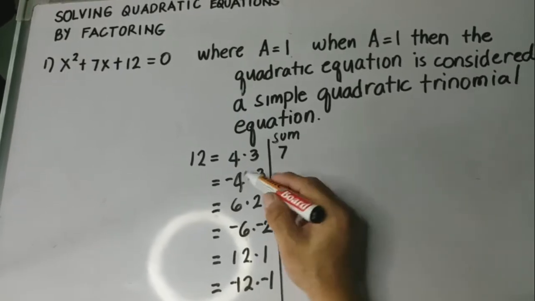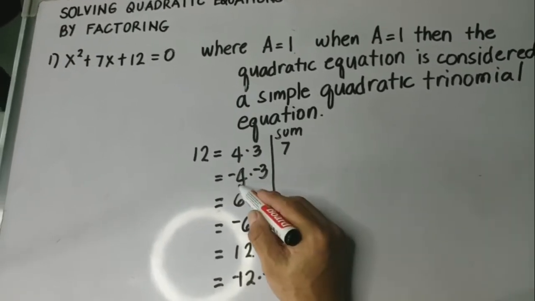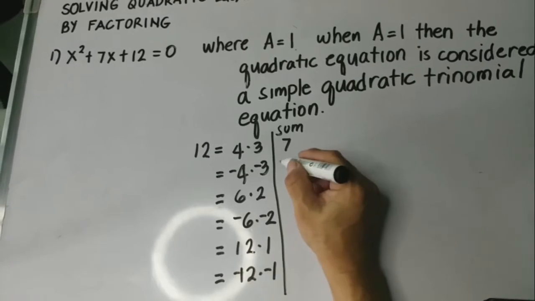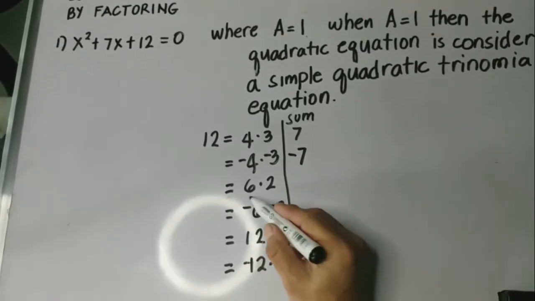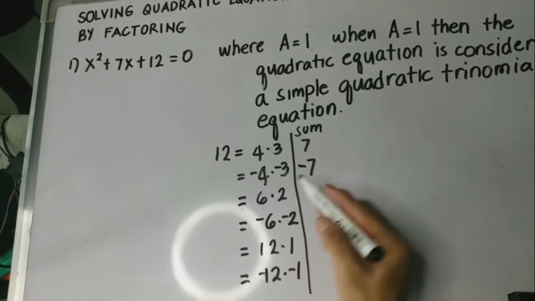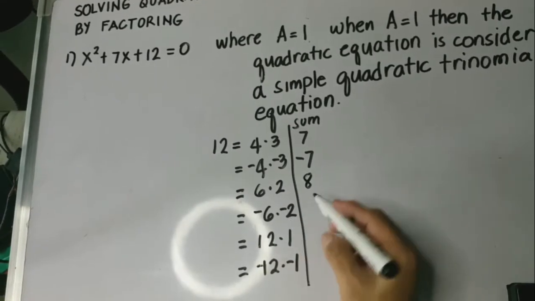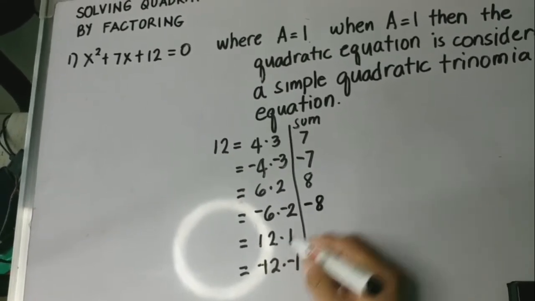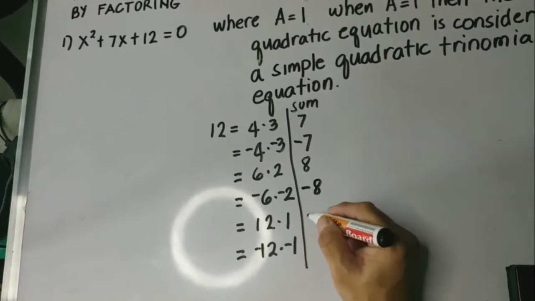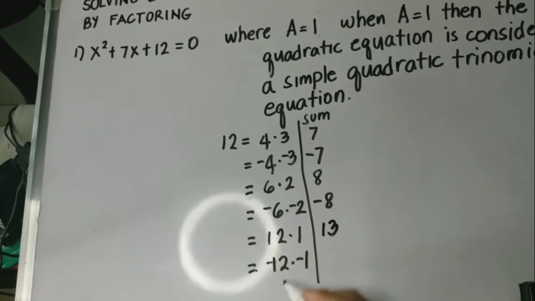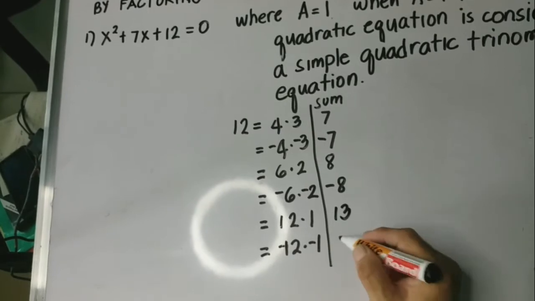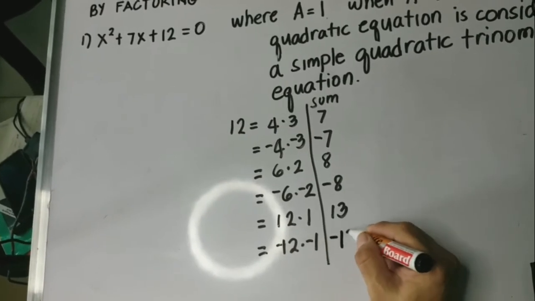Their common sign is positive. Negative 4, negative 3 is negative 7. 6 plus 2 is positive 8. Negative 6, negative 2 is negative 8. 12 plus 1 is 13. Negative 12, negative 1 is negative 13.